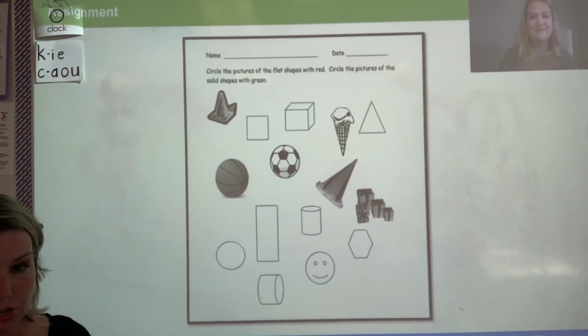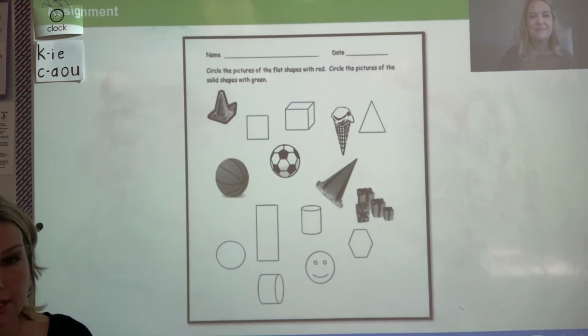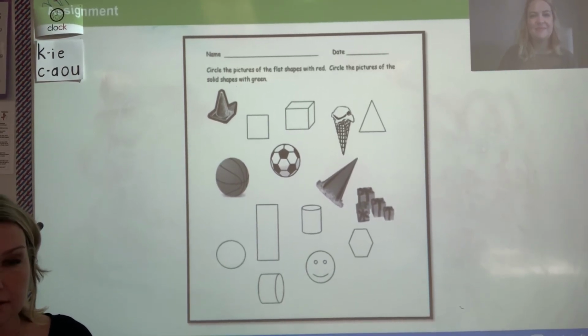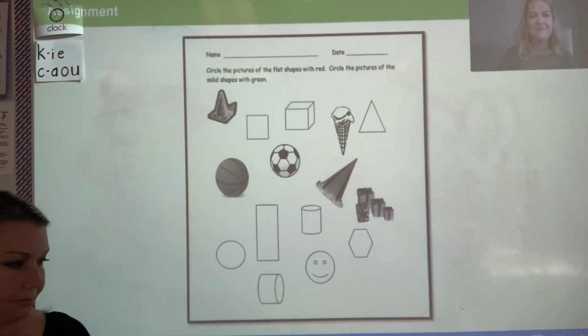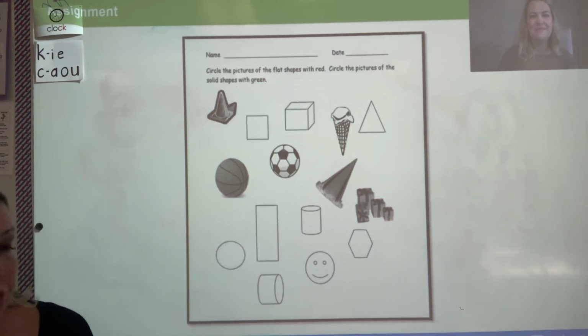You're gonna need your crayon for this. You're gonna need a red crayon and a green crayon. So see if you can find those two colors. It doesn't have to be exactly red or green, just do your best. I'm gonna get my colors too.